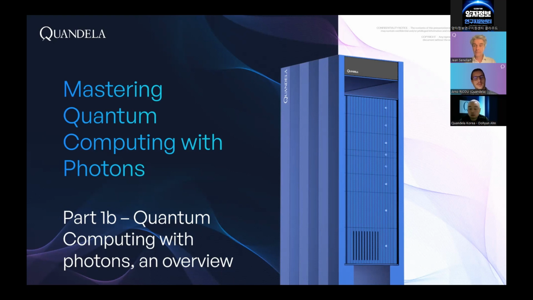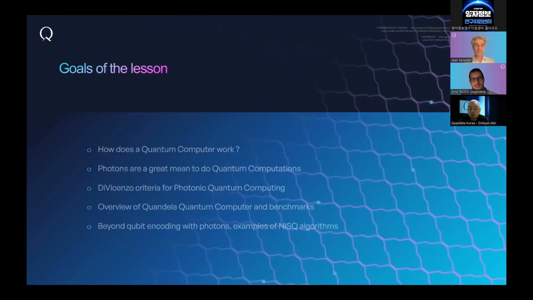And today, what we call part 1B would be the continuation of the first session we gave yesterday with Jean, and it would be about an overview of how we do quantum computation with photons. To be a bit more precise, the goals of the lesson would be the following.